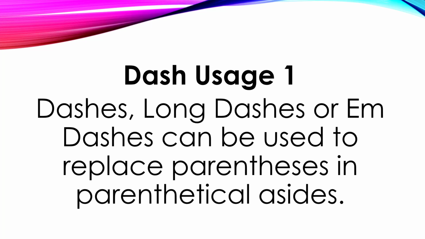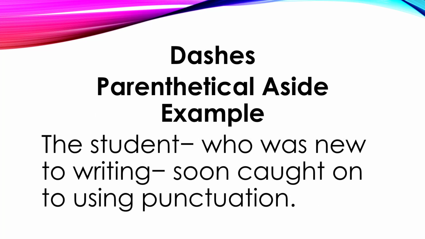Speaking of parenthetical asides, let's look at an example, the dashes example. The student, dash, who was new to writing, dash, soon caught on to using punctuation. So this is just our previous parenthetical aside example using parentheses, with the parentheses replaced with a dash.